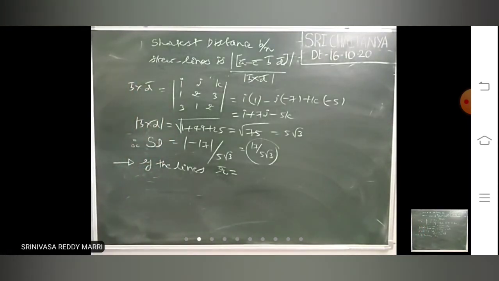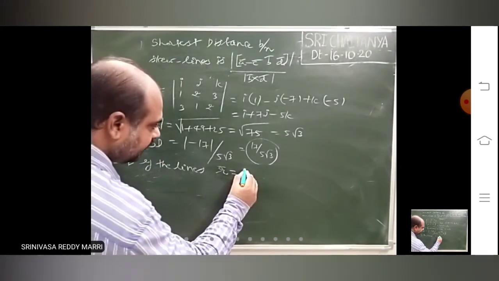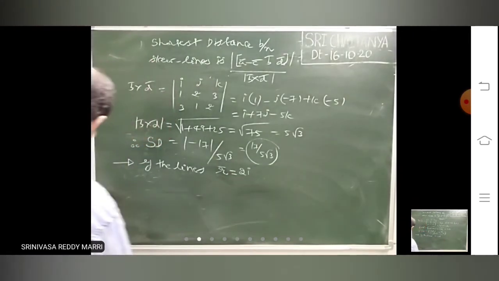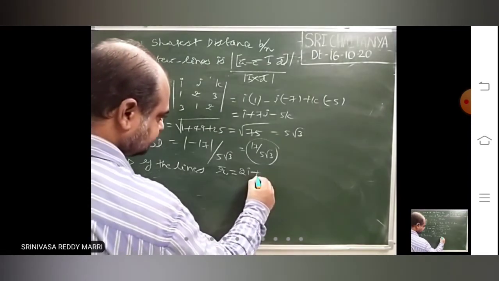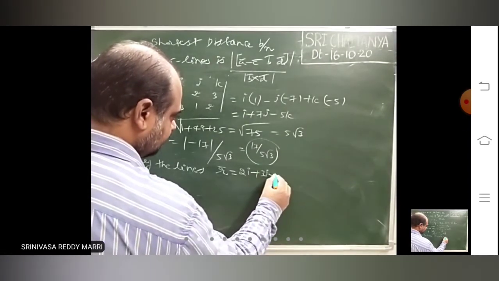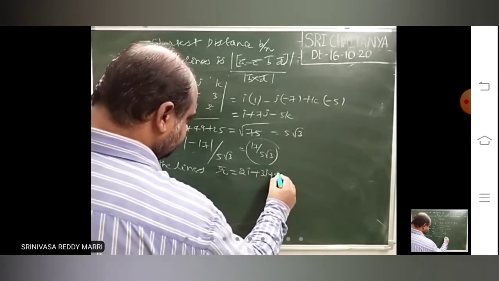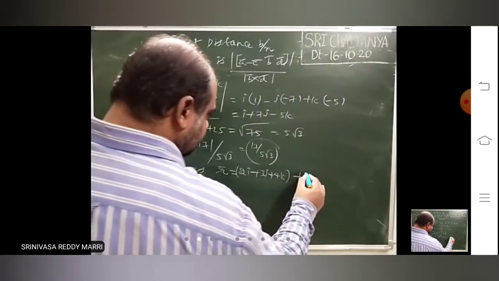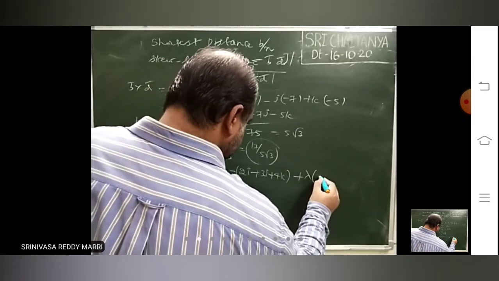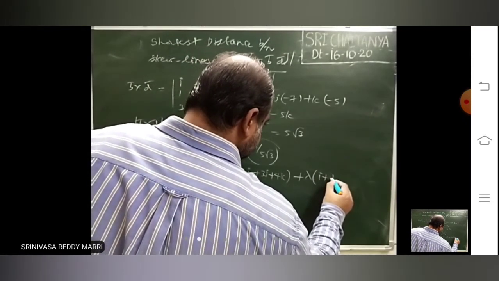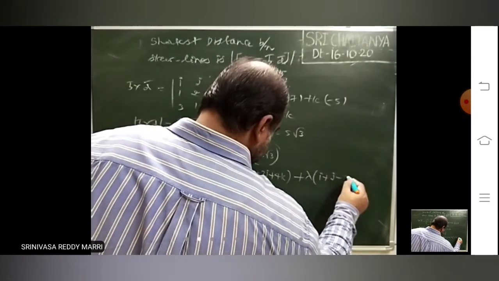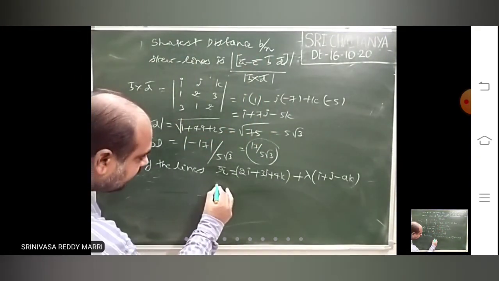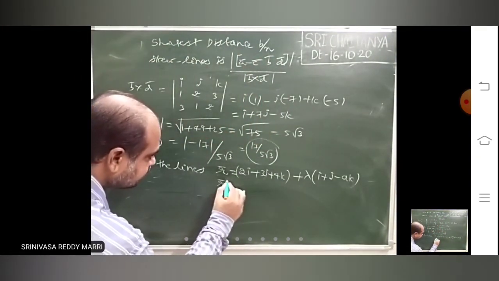If the lines r bar equal to 2i plus 3j plus 4k plus lambda into (i plus j minus ak). Suppose a line is given like this and another line is given like this.